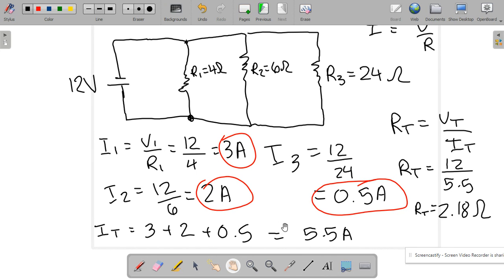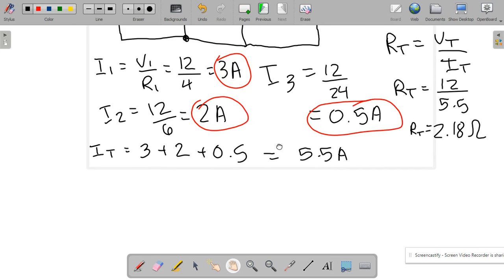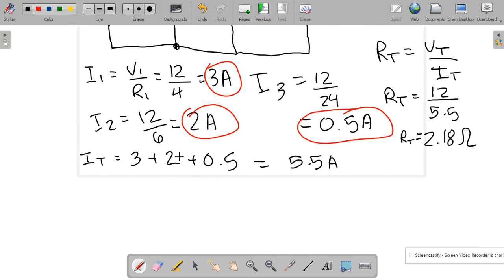Now, let's show that we get the same answer if we go ahead and find RT the other way. Now, in parallel, we do this whole 1 over thing. So we're going to go with 1 over 4 plus 1 over 6 plus 1 over 24.